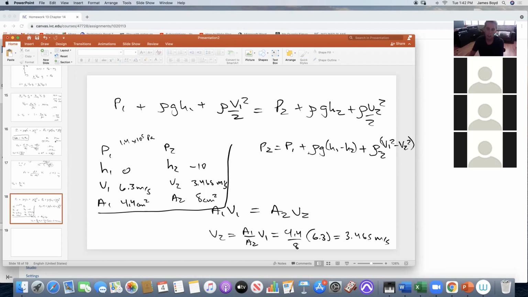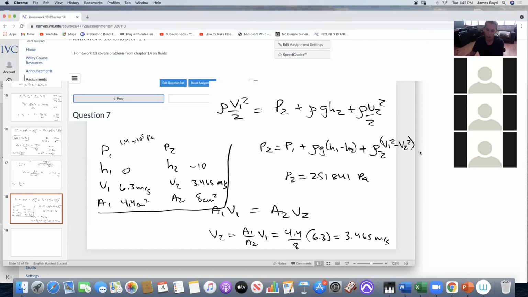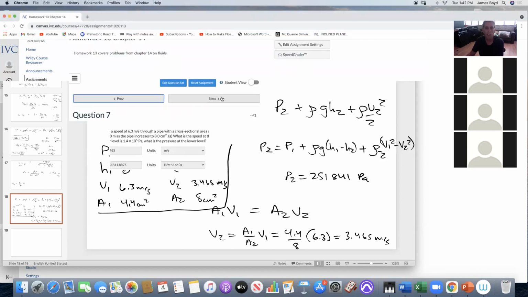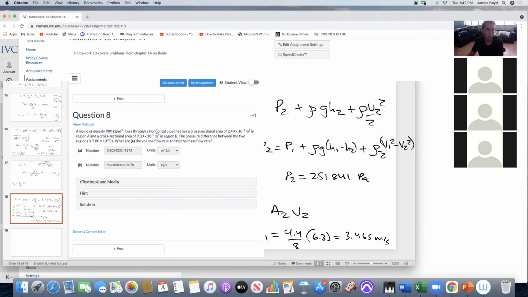And I get 251,841 pascals, assuming I did this right, which I may not have. 251,841, exactly what they got. So this one is the exact same deal.